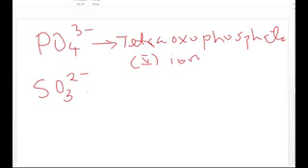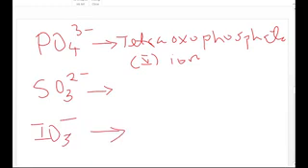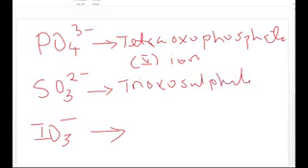You can try that. So what will this one be then? I want somebody to name these two. Tetraoxophosphate 5 ion. And trioxosulfate 4 ion. Very correct.